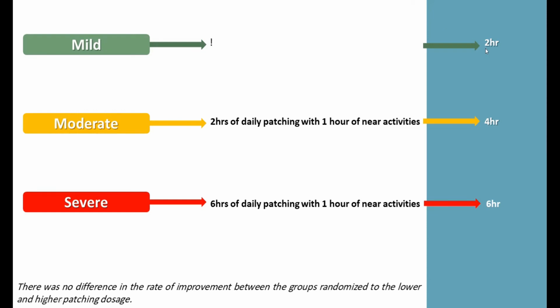So in my practice, and there are others who do the same, we prescribe 2 hours for mild, 4 hours for moderate, and 6 hours for severe. But as evidence-based medicine, they prescribe 2 hours for moderate and increase the dosage if there is no significant improvement. So it starts at 2 hours and then you increase the dosage.